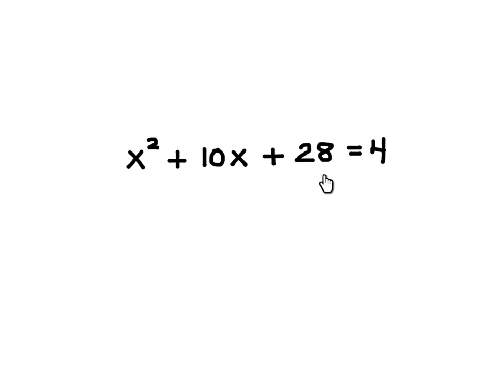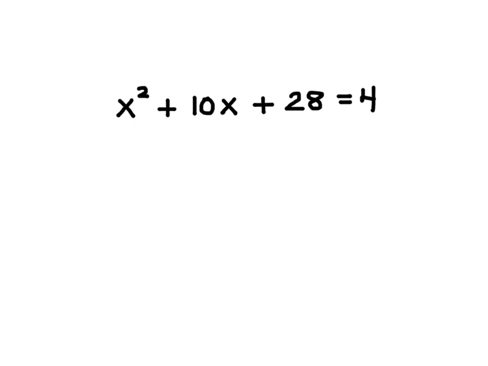Here's another example. In this example, the right-hand side is not 0. We don't want to factor the left-hand side if the right-hand side is not 0. So to make the right-hand side 0, what we want to do is to add the additive inverse of 4 to both sides. By adding a negative 4 to both sides, we end up with the following.